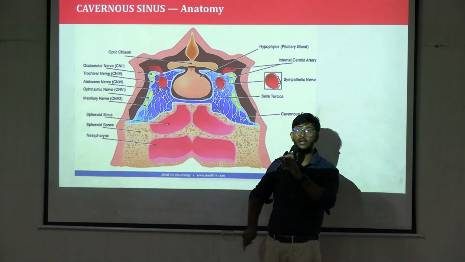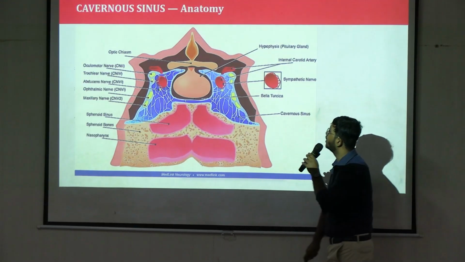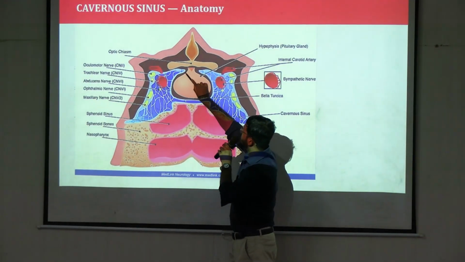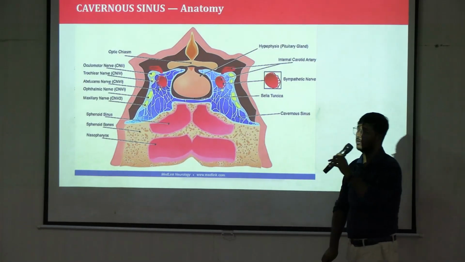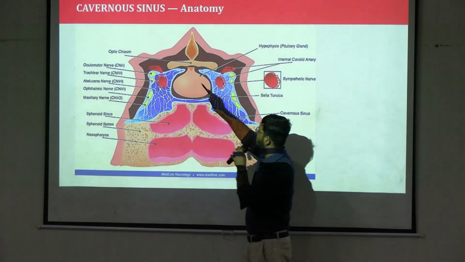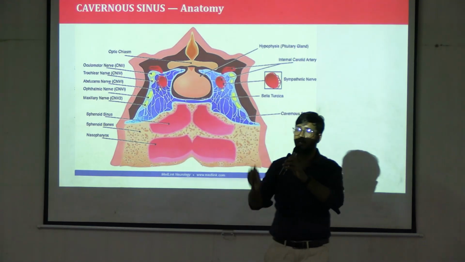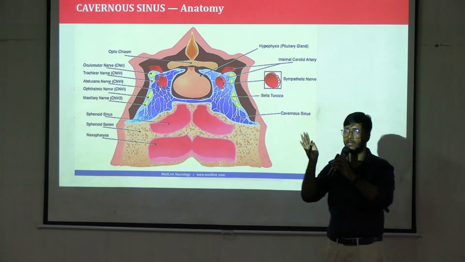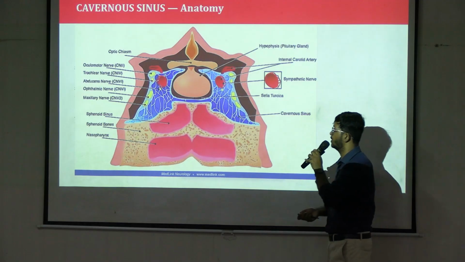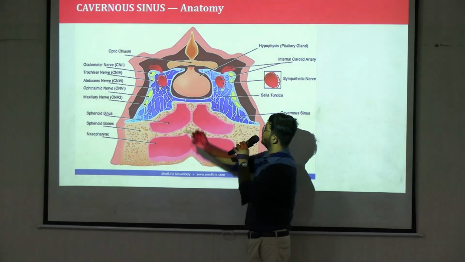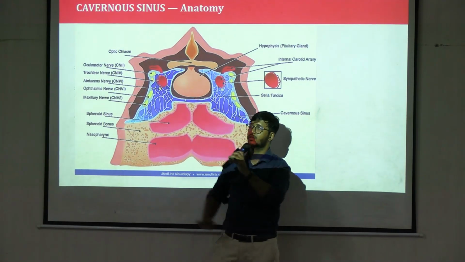Here we have the nasopharynx also. This part is basically your hypophysis, or it contains the pituitary gland. Basically it is your sella turcica. So the sella turcica is located just in the medial wall of your cavernous sinus. And superiorly you have the optic chiasma.